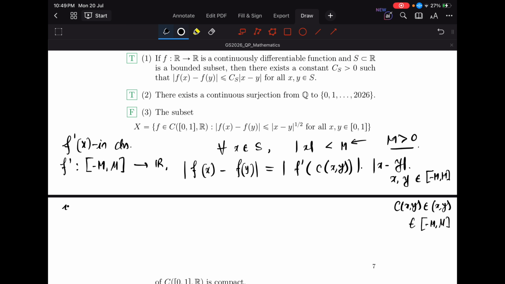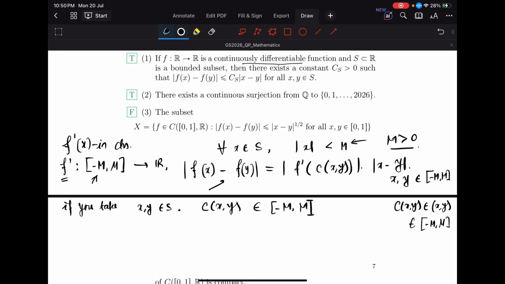Now if you take x, y belongs to S, this will not change, because if x, y belongs to S, then c(x, y) belongs to minus m comma m. Now the point is, as f prime is continuous, because f is continuously differentiable, and we restrict f prime to minus m comma m, a bounded closed interval, on bounded closed intervals any continuous function is bounded, right?